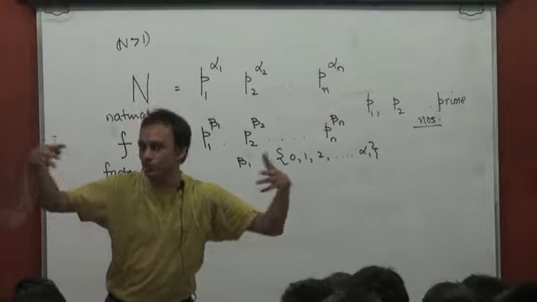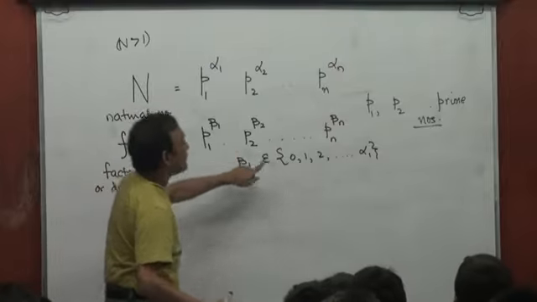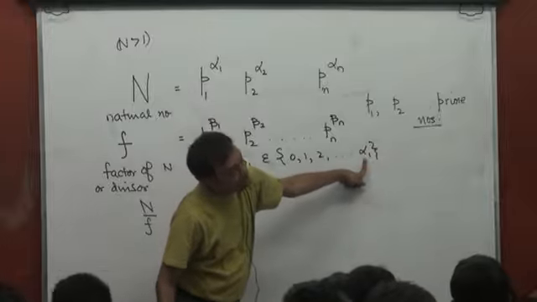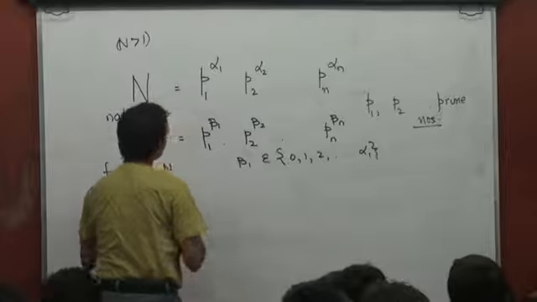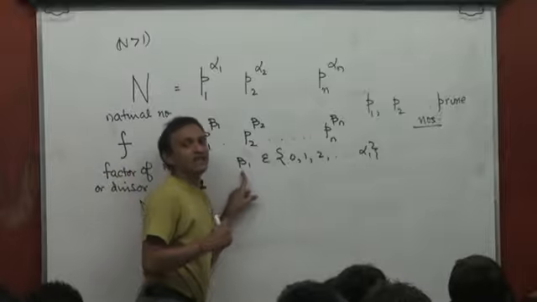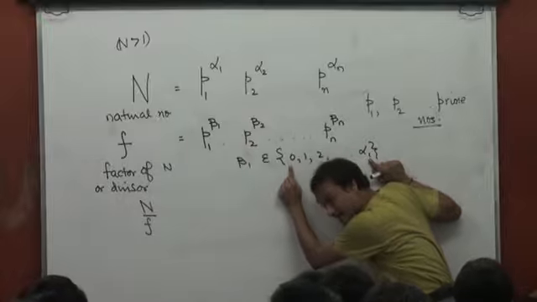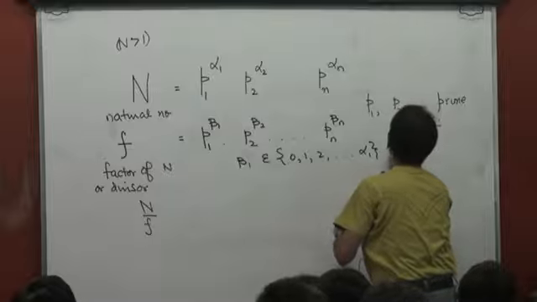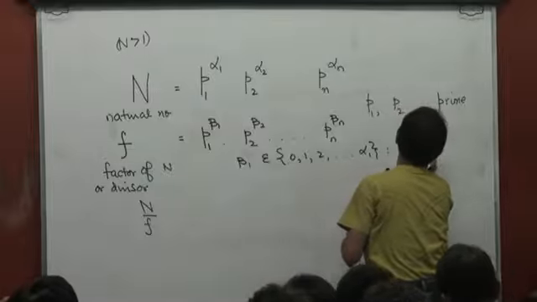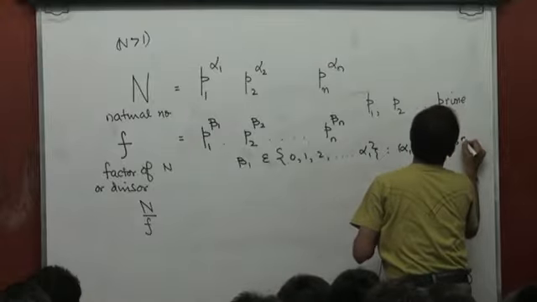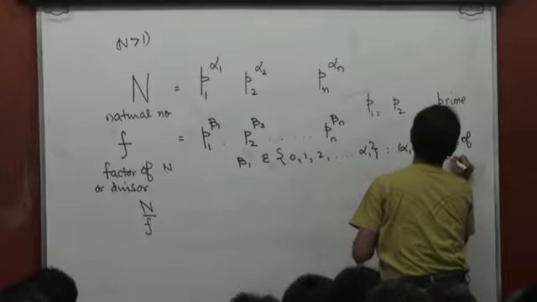Right? One of the factors of n would be installed if a certain beta 1 is selected from this set. Right? That means how many ways of selecting beta 1? Alpha 1 plus 1 ways of selecting beta 1, right?